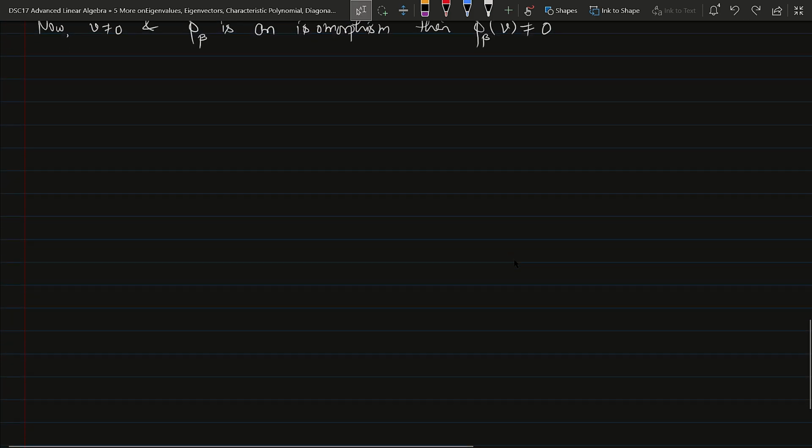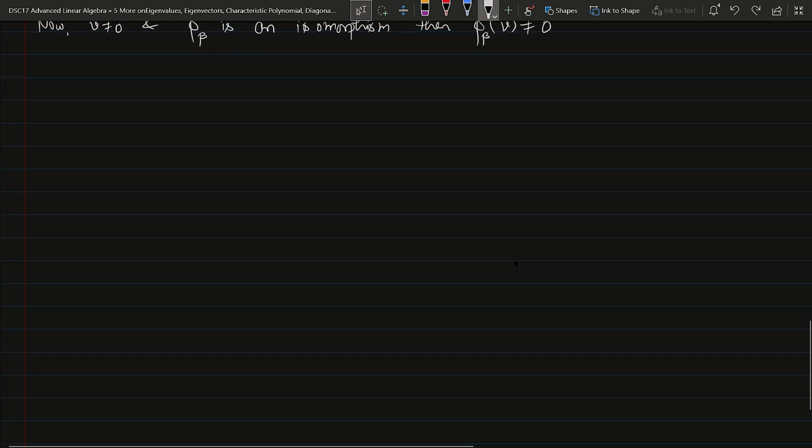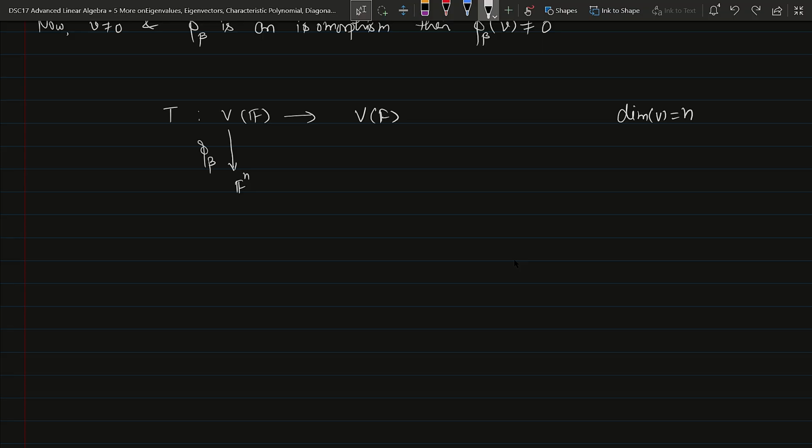Let me conclude this statement. Suppose V is a finite dimensional vector space and we have a linear transformation T from V to V over F. Now the dimension of V is, suppose, n. Now what is phi beta? We have an ordered basis of V, so we have a function from V to F^n, where F^n is n copies of F, and this function is phi beta, right?